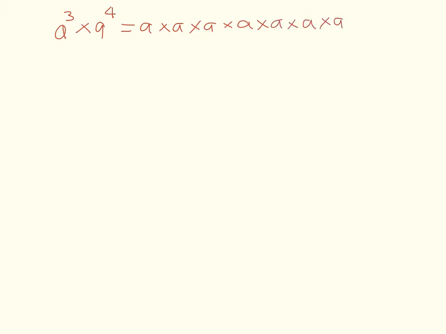I have 7 factors of a there, which is a to the power of 7. Now remember, each of these has a little invisible, non-written power of 1. Any term has a power of 1, unless it has some other power written.